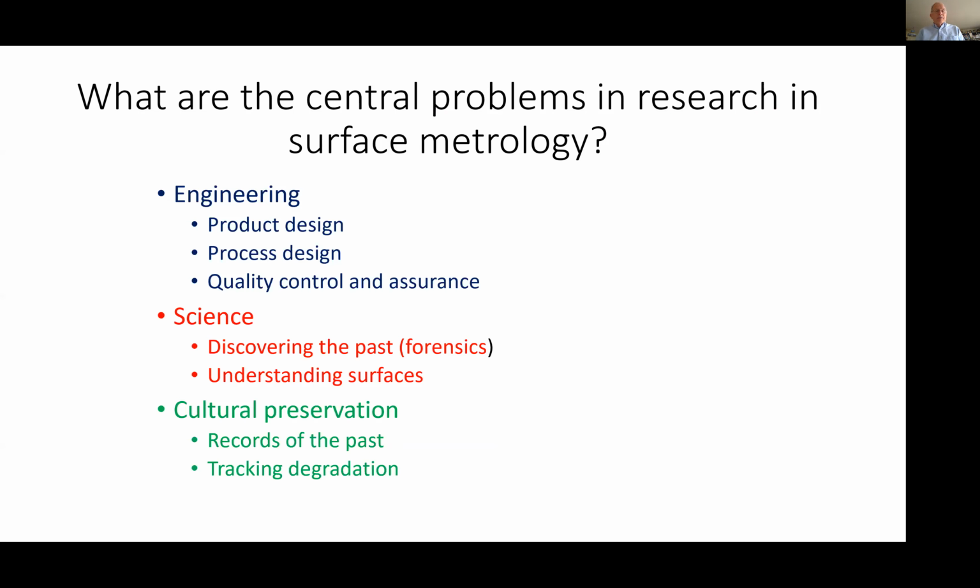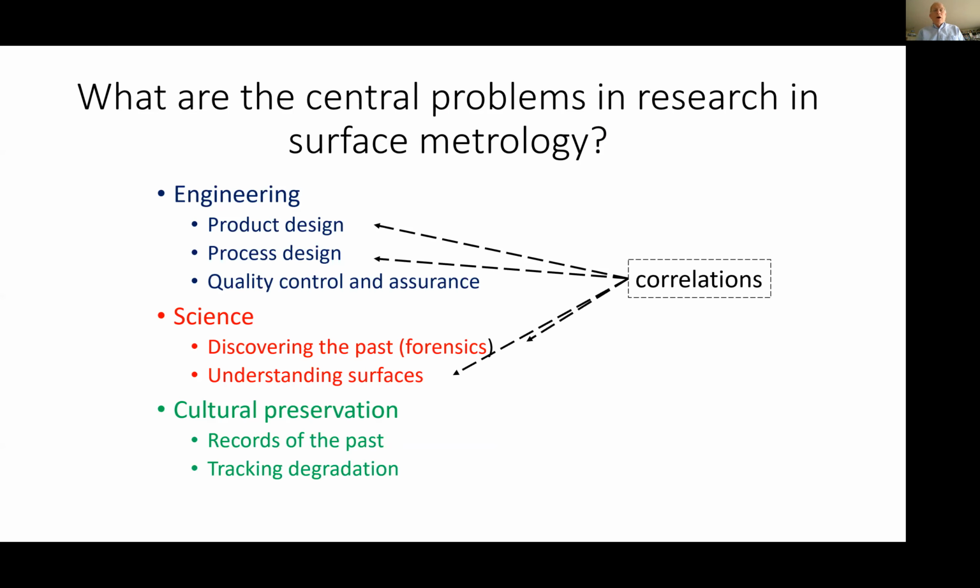So as we want to look at these, correlations are important for the product design, process design, for discovering the past with forensics. How hard did this person lean on the tool, for example? It's something we've looked at. So understanding the surfaces like wetting and heat transfer, mass transfer, and tracking degradation.